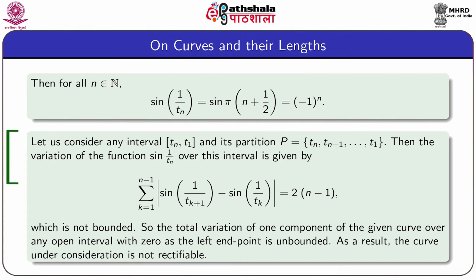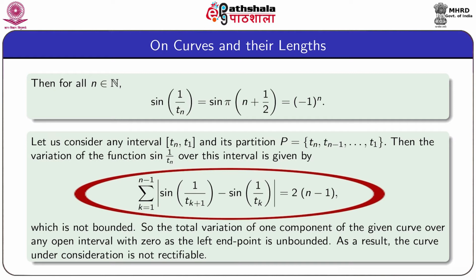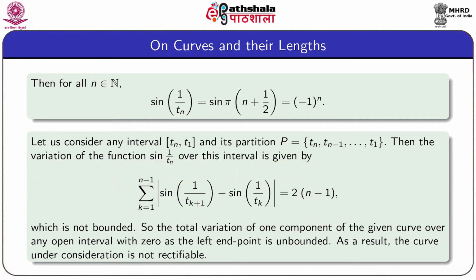Now we consider any closed bounded interval with left endpoint Tn and right endpoint T1 and its partition P equal to Tn, Tn-1, continuing up to T1. Then the variation of the function sine 1 upon t over the interval is given by the summation k equal to 1 to n minus 1 of modulus of sine 1 upon t(k+1) minus sine 1 upon tk, which equals twice (n minus 1).